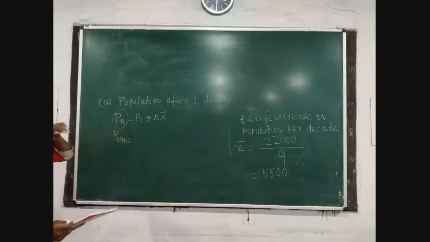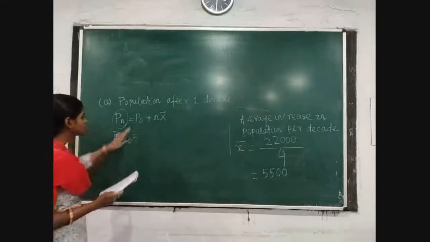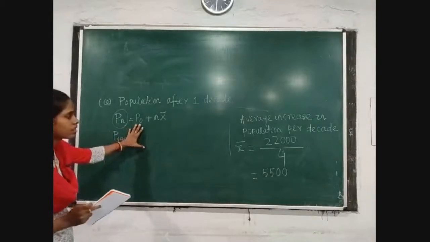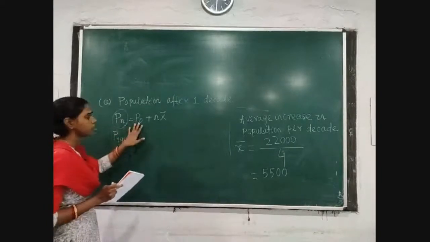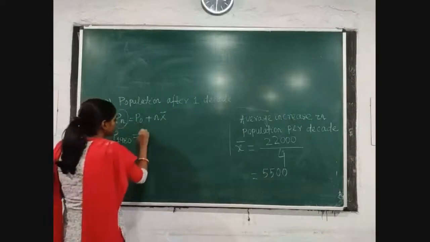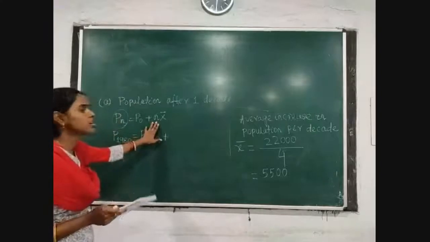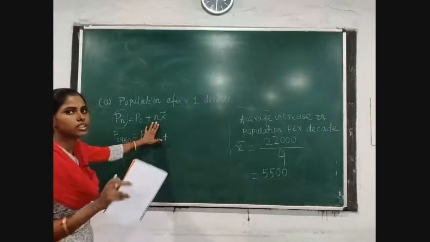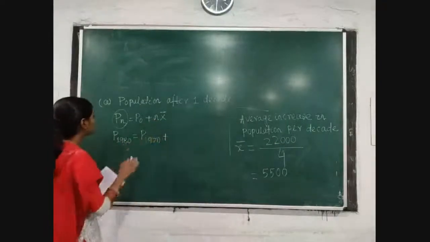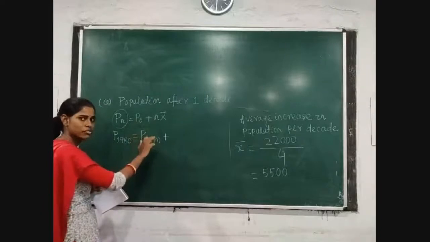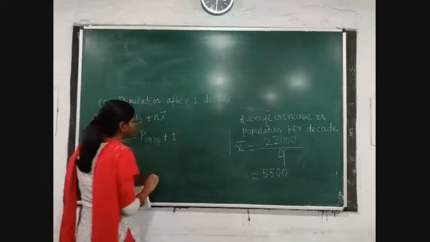Here P0 is the last known value, the population in 1970, plus N, the number of decades between the last known and the future. 1970 is the last known and the requirement is 1980, so the difference is 1.